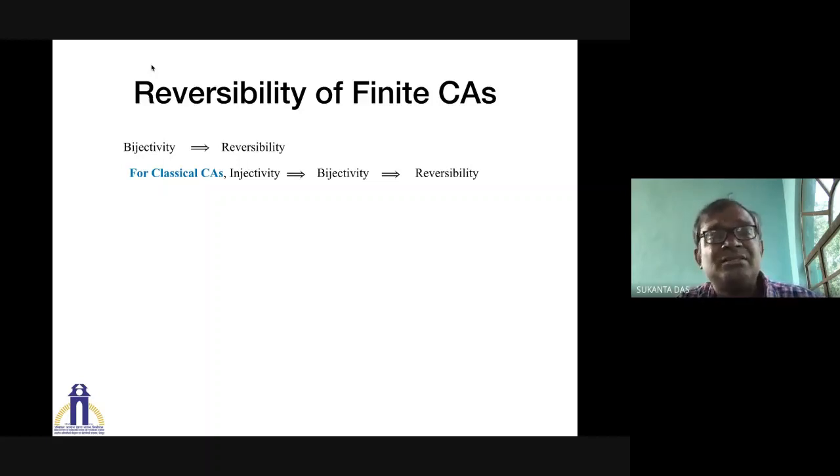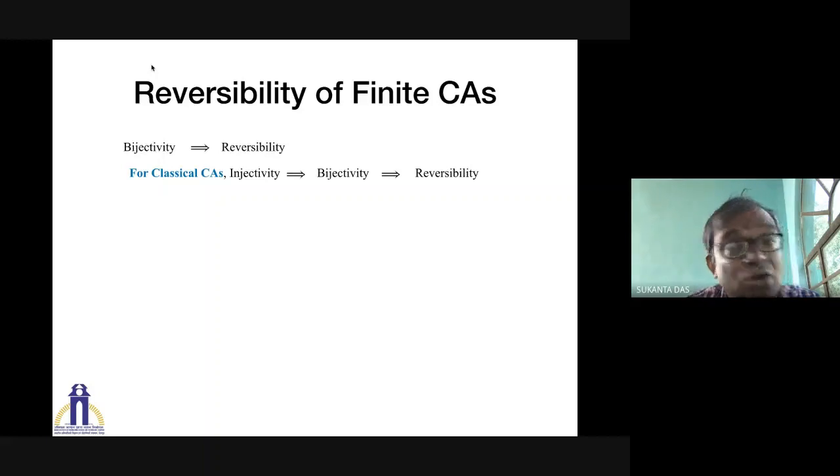We have seen it with an example: ECA rule 30 is surjective but not injective. But if it is injective, then the CA is surjective, hence bijective. We saw that in previous classes, where we discussed the set theory properties and reversibility. So for classical CAs, injectivity implies reversibility.